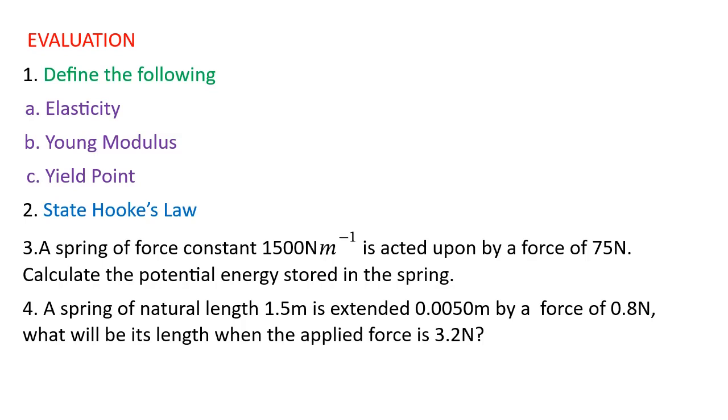If you look at that question, you discover that the extension is 0.0050 meter when a force of 0.8 Newton was applied. So in order for you to get the length when another force of 3.2 Newton is applied, you have to look for your stiffness first. When you get your stiffness, you use it to look for the extension. Then add the extension to the natural length, and you get the length when a force of 3.2 Newton is applied.